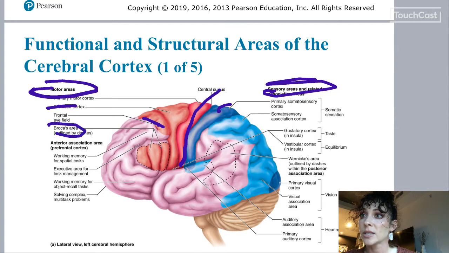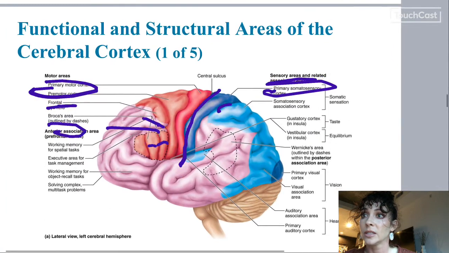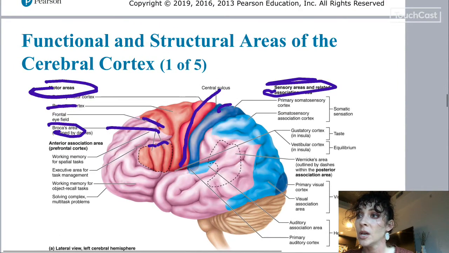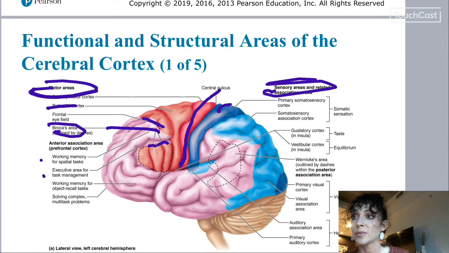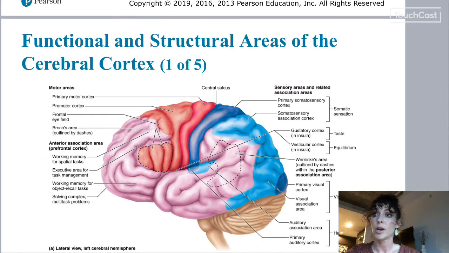This is Broca's area, which is outlined by the dashes right down here. Working memory for spatial tasks, executive area for task management, working memory, solving complex problems. So a lot of our motor skills, and really important motor skills, I should say, are going to come from the frontal part of our brain.